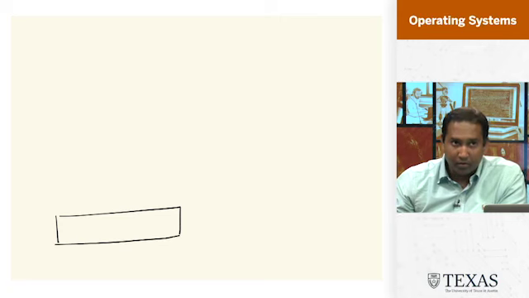All right, so let's get started, and I'm going to be sketching a little bit on my iPad. Let's talk about the different layers that you will have in your stack. Initially you will have your hardware.